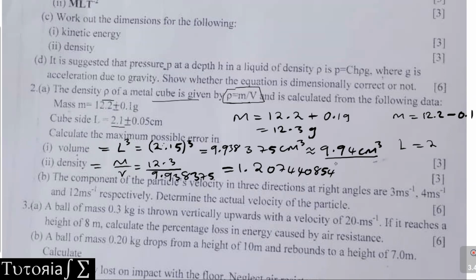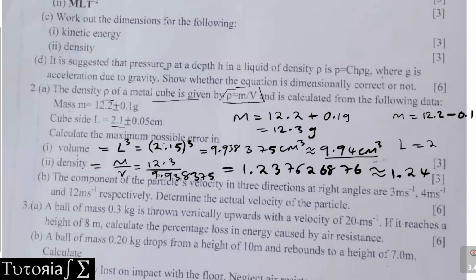Let me just recheck that. It's actually 1.237626876, which can be approximated to 1.24.